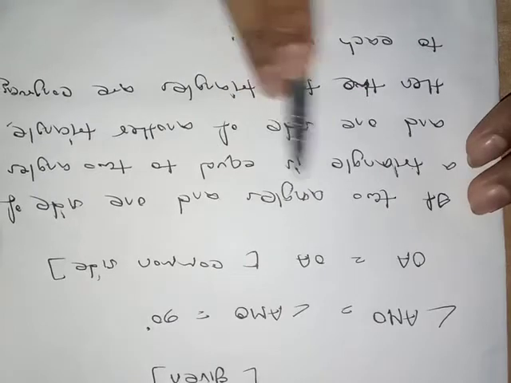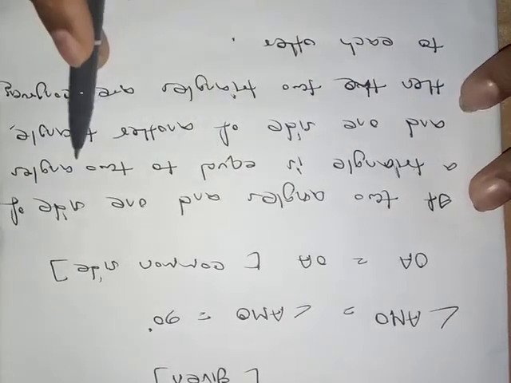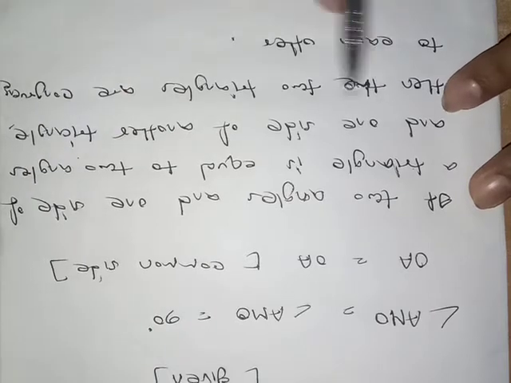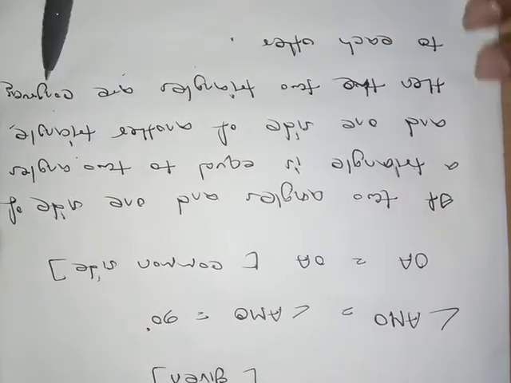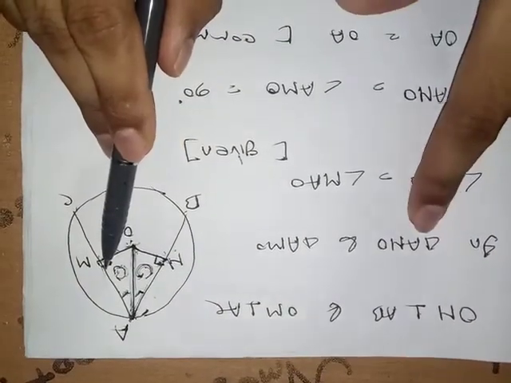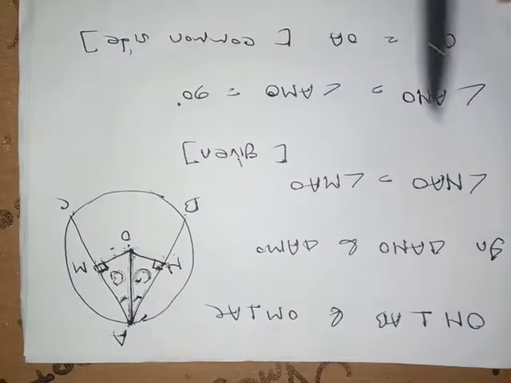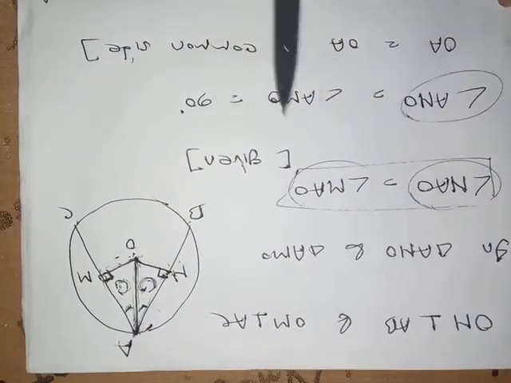If two angles and one side of a triangle is equal to two angles and one side of another triangle, then the two triangles are congruent to each other. See, in these two triangles ANO and AMO, this angle is equal to this angle and this angle is equal to this angle.